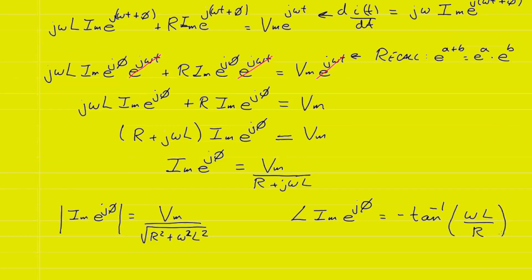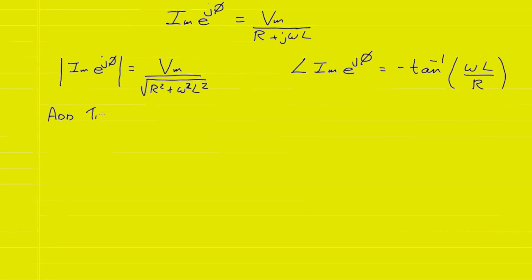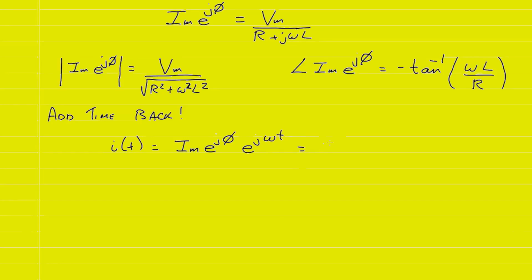I now know the magnitude and phase of my current, but recall that the actual current includes a time function, so I can add that back in to say that my current I as a function of time will be equal to Im e to the j phase angle. Adding in my time function, I can write that as Im e to the j omega t plus the angle.